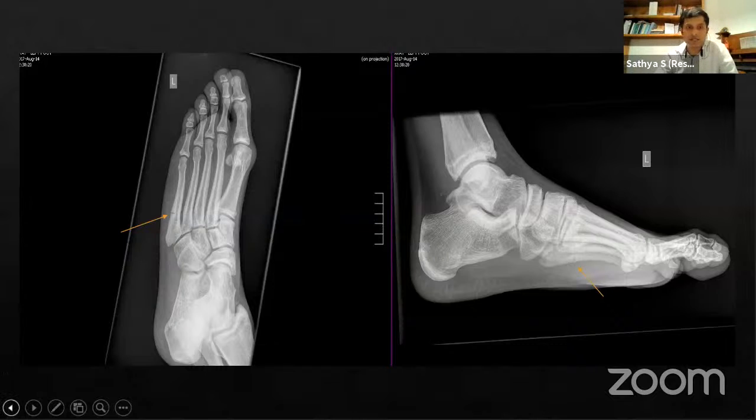So we can understand how X-ray viewing plays a major role for physiotherapists in designing our management and further programs, like short-term and long-term goals, to return them to their sport.